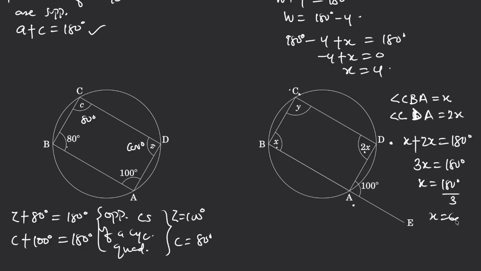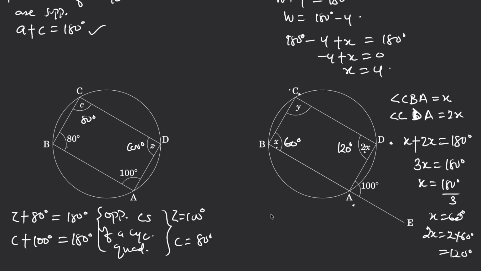So x equals 60. So technically, we can say that this is 60 degrees, and this is 2x, which is 2 multiplied by 60 degrees. That is 120 degrees. And so we mark this as 120 degrees. Remember that y happens to be an interior angle to this opposite exterior angle, right?